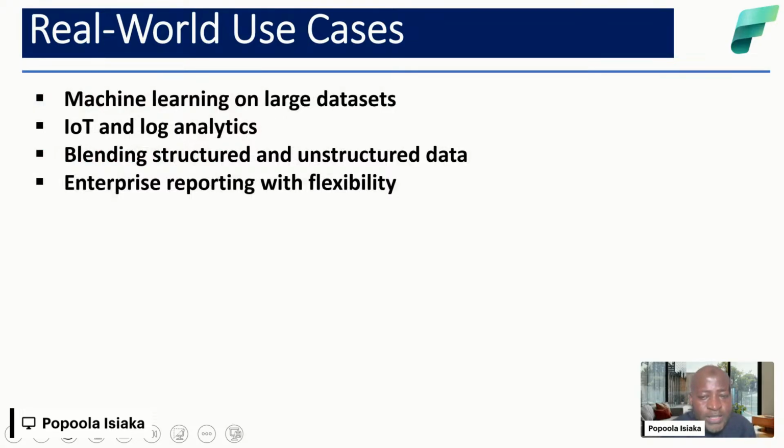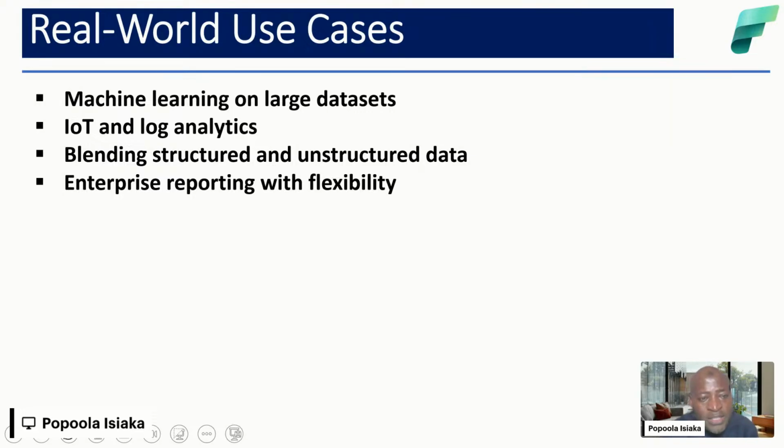We have a lot of real world use cases, because from this understanding, somebody can now say, what are the things I can use Lakehouse for? People have understood the meaning of Lakehouse, what it offers, the advantages and the potential for bringing everybody together. Then, what are the real world use cases?